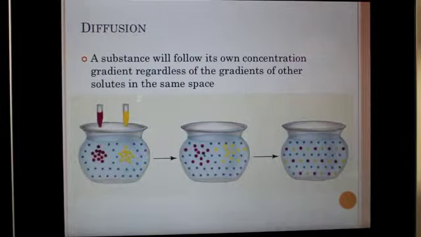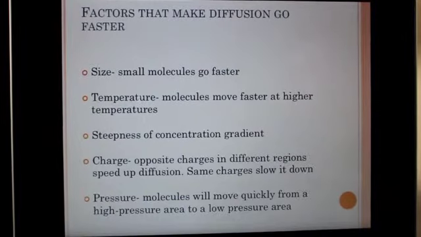And a substance will follow its own concentration gradient, regardless of the gradients of other solutes in the same place. So you can add 2 colors of food coloring and they will disperse at the same rate, following their own concentration gradient.